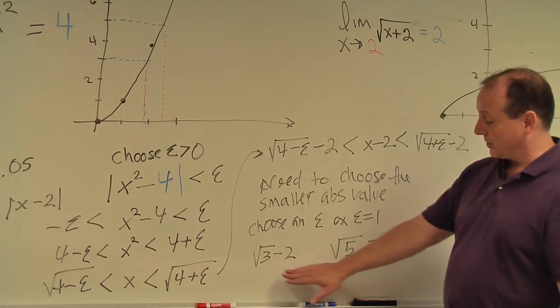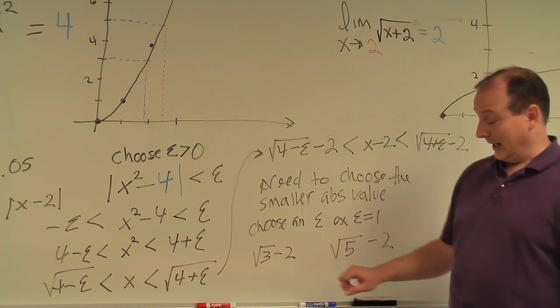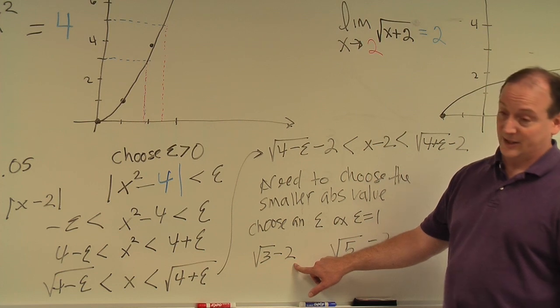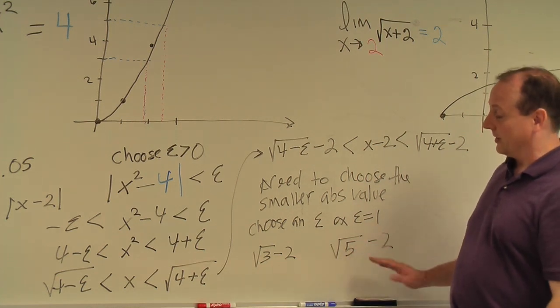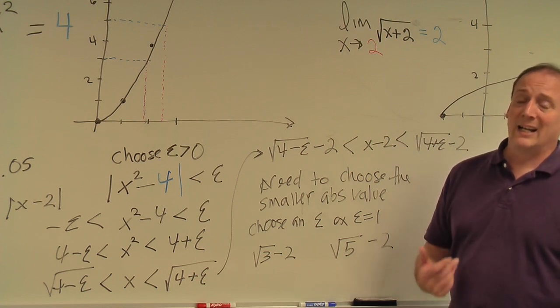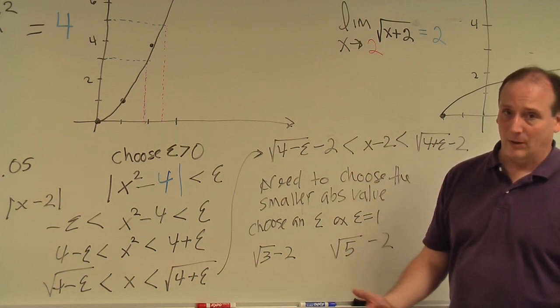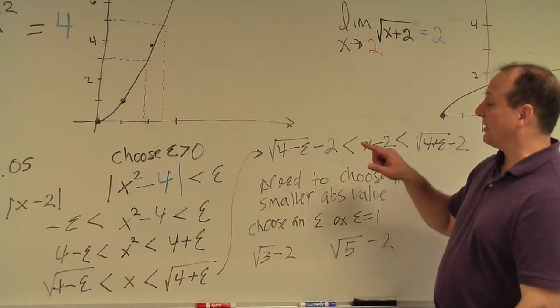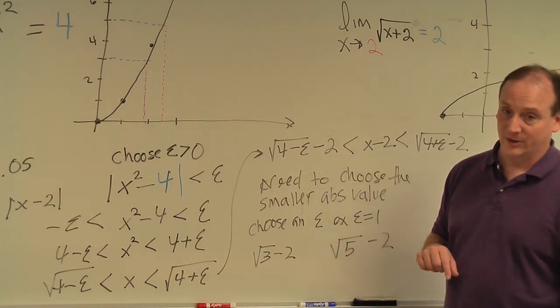In other words, this one's going to be negative, and this one's going to be positive, because the square root of 3 is less than 2 and the square root of 5 is bigger than 2. I'm not worried about the sign, I'm just worried about the size of the number. Whichever one turns out to be smaller, that's the one that I'll pick for delta.